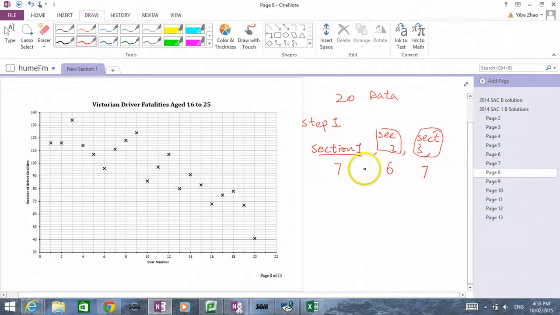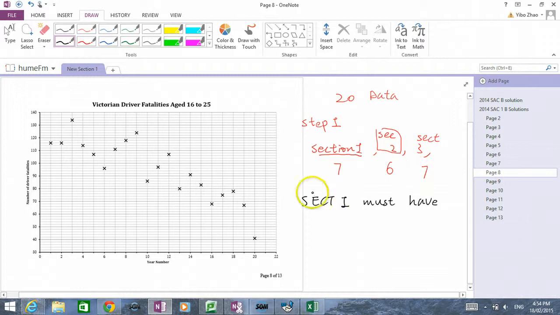The important reason I do that is when we divide all the data into three equal sections, in most cases it doesn't fit. But we need to always make sure section 1 must have the same number of data as section 3.